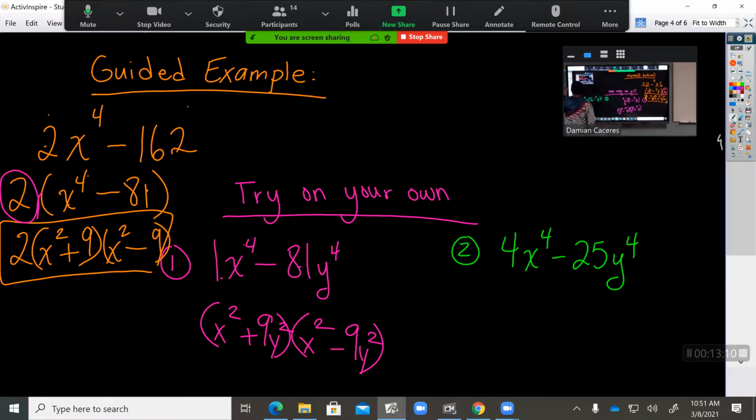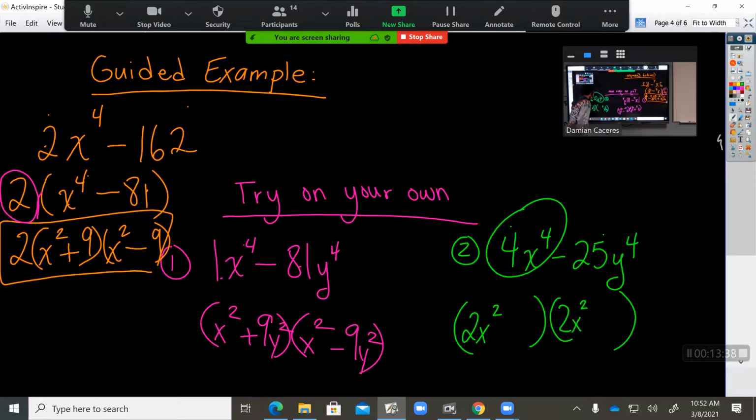All right, last example, this green one over here. So between 4 and 25, there is no common factor between them. X to the fourth, y to the fourth, no common variables between them. So we can already get to the answer. Two binomials, break down the first and last number. 4x to the fourth power is 2x squared times 2x squared.